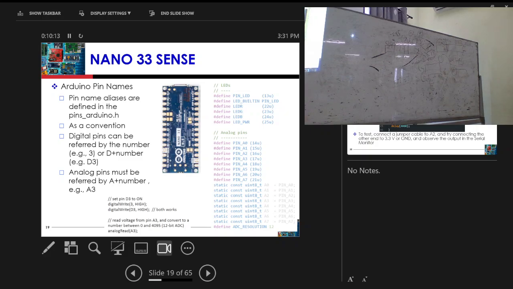D13. If I do F13, what pin am I referring to? Digital or analog? F13. Digital or analog? That's an error.